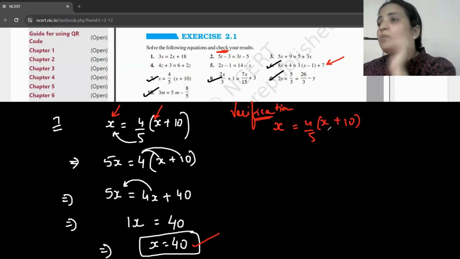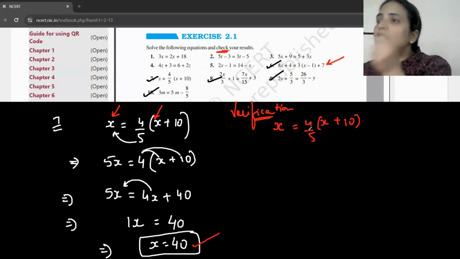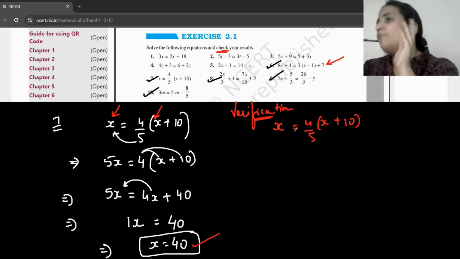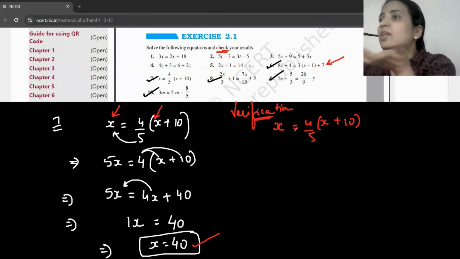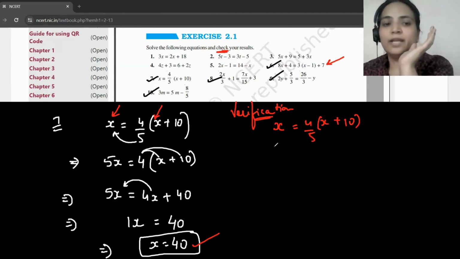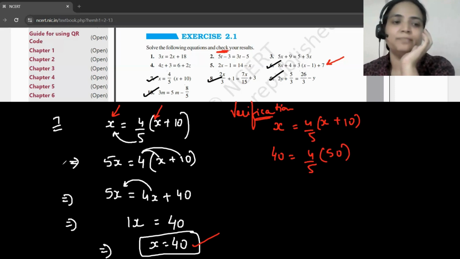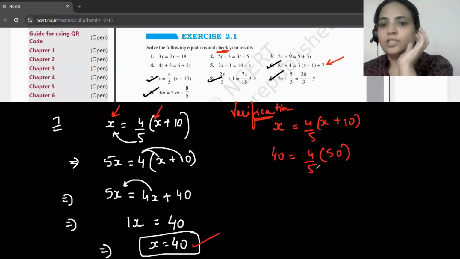And listen everyone, in verification, no transposition is allowed. Did you hear me well? In verification, no transposition is allowed. You have to solve both the sides and see if they are equal. So I'll write 40 equals to 4/5 of x plus 10, that is 50. Right, bache? So this is 5 times 1 and 5 times 10.